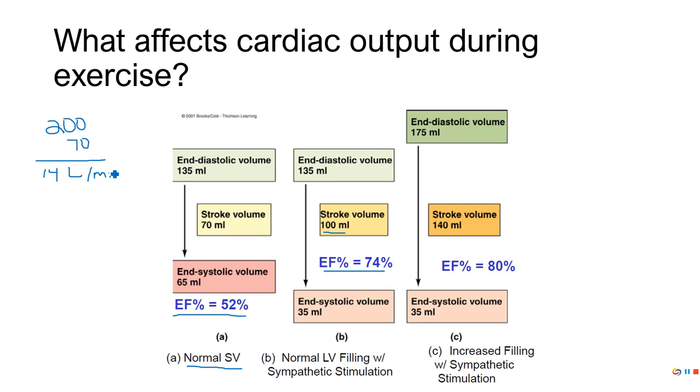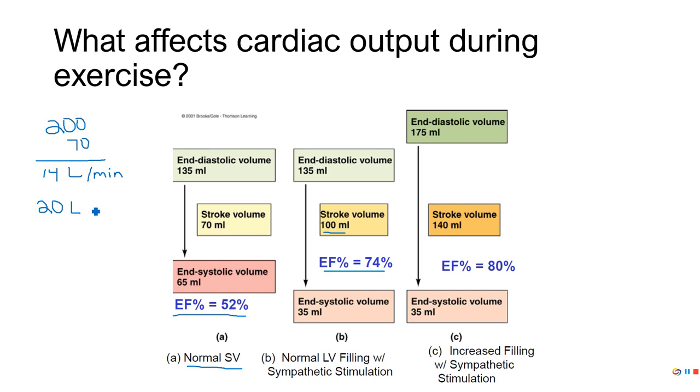But that's really making your heart work extremely, extremely hard, okay? If we increase our stroke volume to 100 mils, well, that 14 liters now becomes whatever 200 times 100 is, so we're getting up to 20 liters, okay? So I'm hoping that I'm doing this math right.